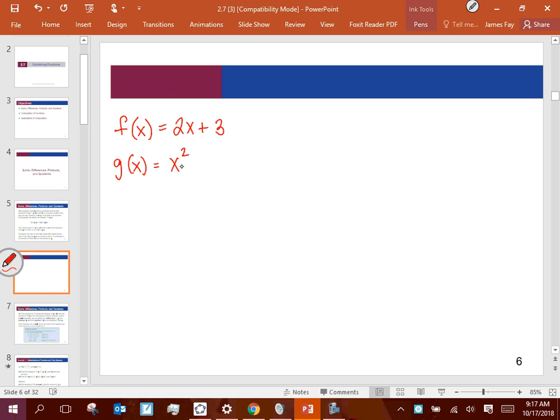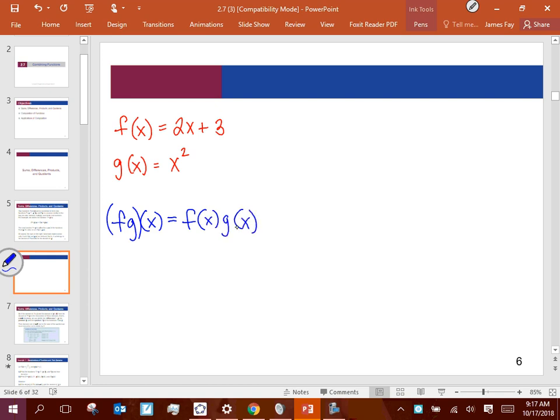If I wanted to multiply these things together, let's say that we're looking for f times g of x. We can rewrite that as f of x times g of x.